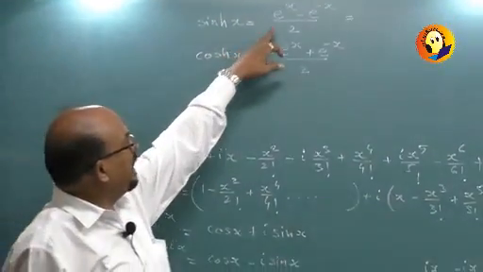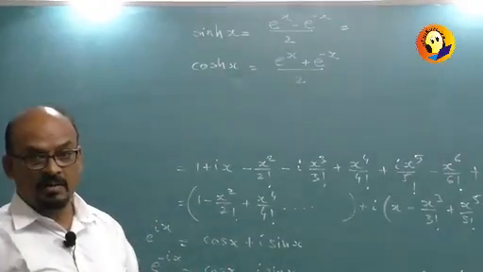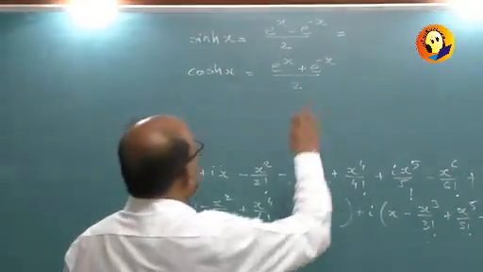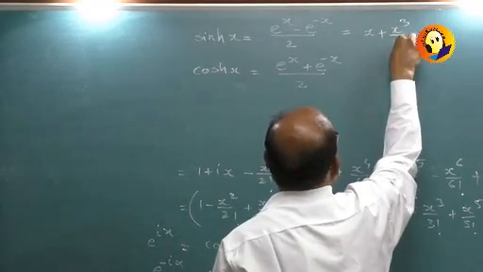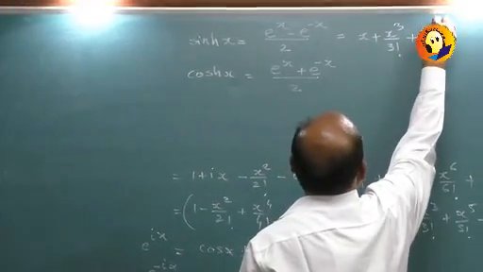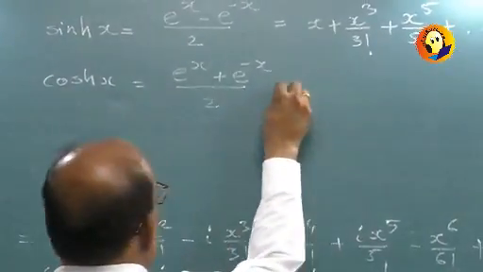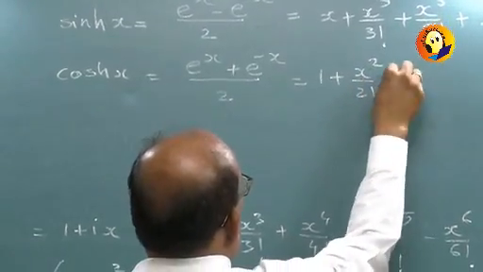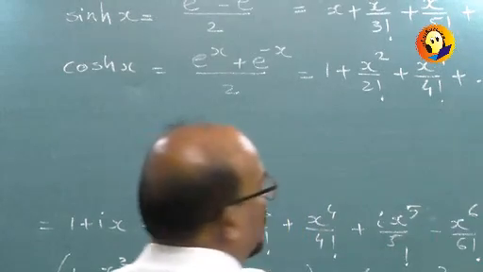So when we subtract, even terms will cancel and odd terms will add. They will become twice and that 2 will cancel. So sinh x will be x plus x cube by 3 factorial plus x raised to 5 by 5 factorial plus etc. And cosh x will be 1 plus x square by 2 factorial plus x raised to 4 by 4 factorial plus etc.